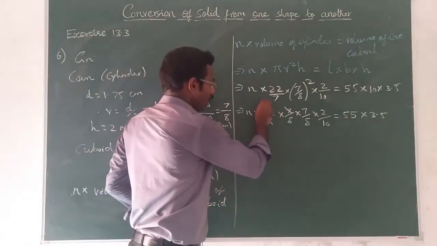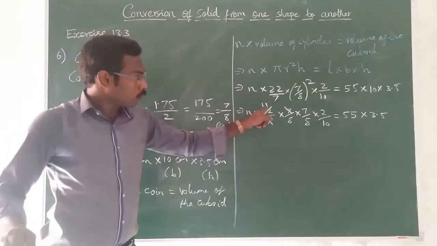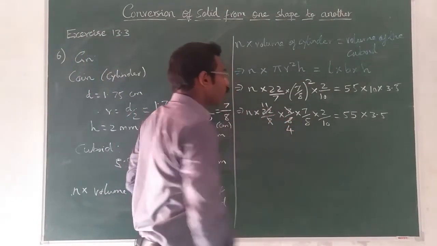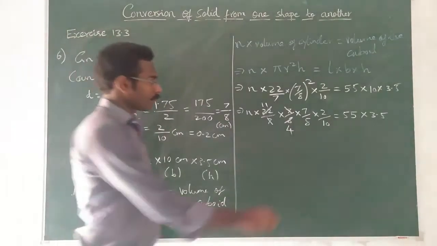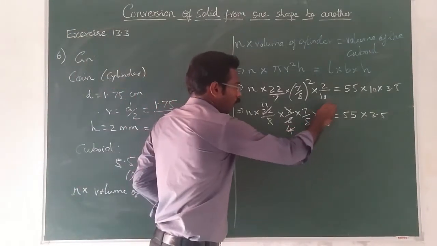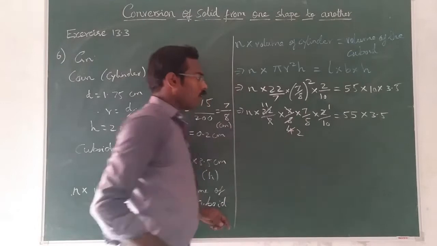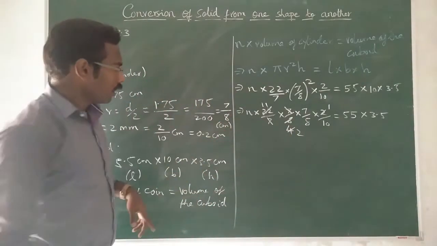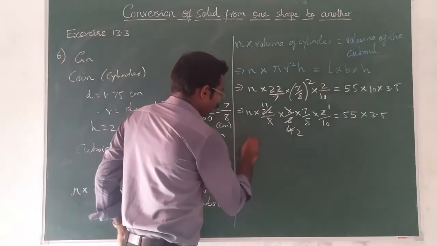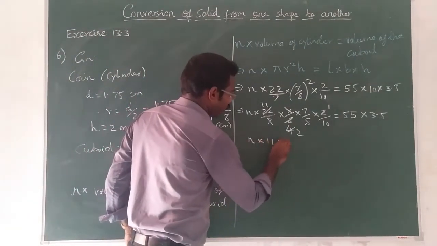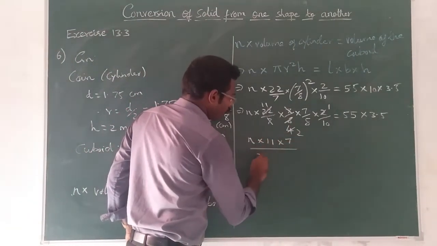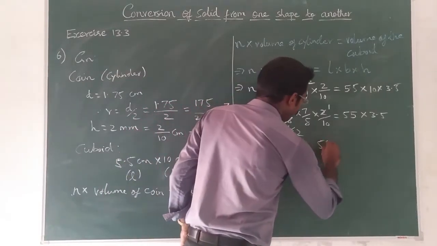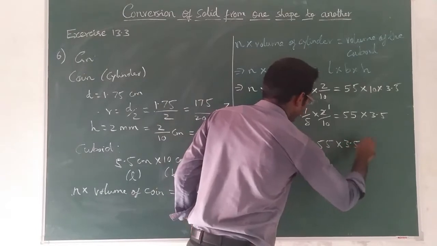Then this 11. 22 divided by 2 is 11. 8 divided by 2 is 4. Okay. Then 1 2 is 2. 2 2s are 4. Understood? Okay. So what else we get? We get n into 11 into 7 divided by 2 into 8 into 10 is equal to 55 into 3.5.